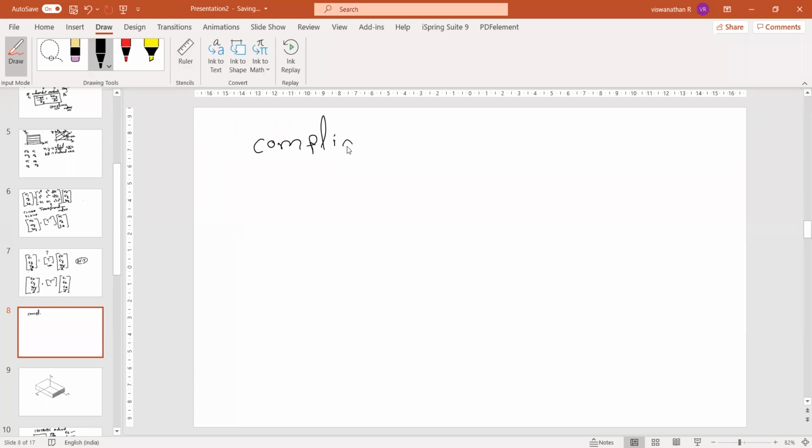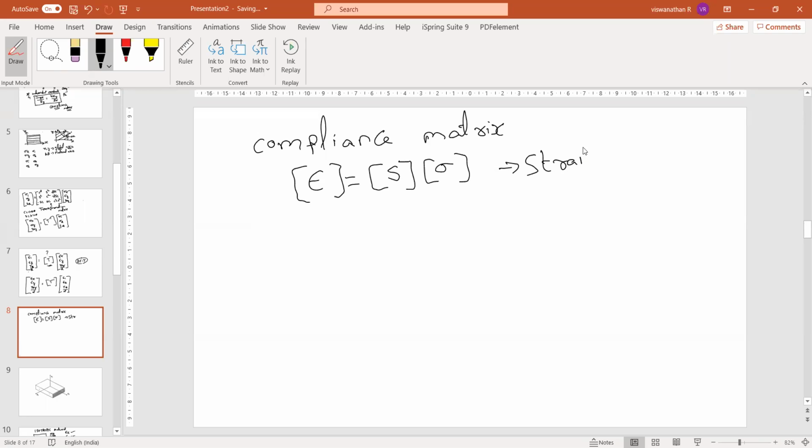What did the compliance matrix do? It related the strain with the stress values, correct? It is a strain-stress relation.